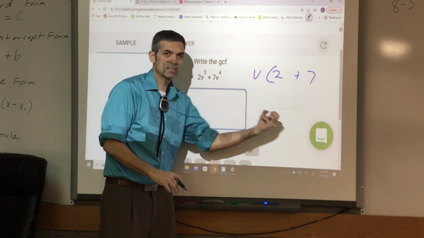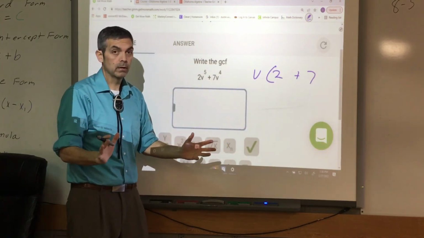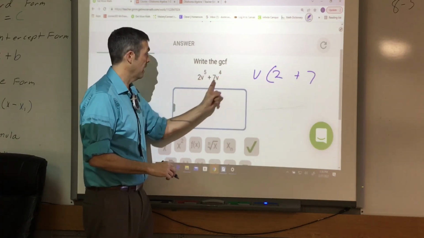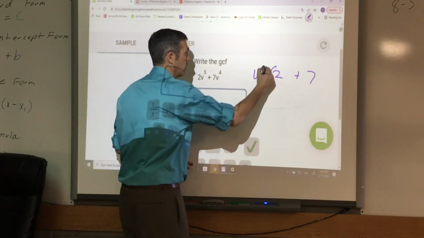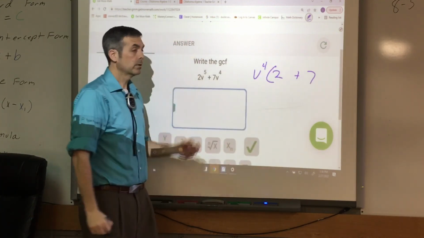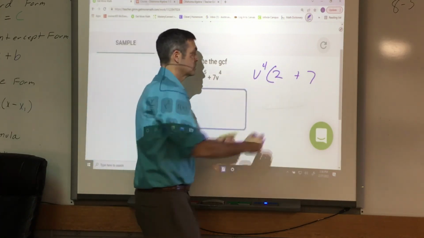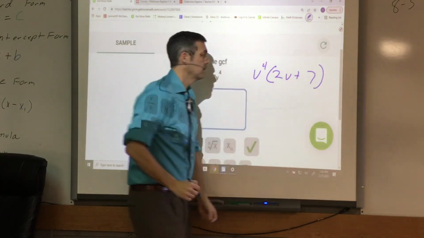How many of those v's can I pull out of this? I know I can do at least one. But look, we have 5 here, we have 4 here. I have 4 in each one of these, so I can actually pull out v to the 4th. So I have v to the 4th, that leaves me with 2v plus 7.